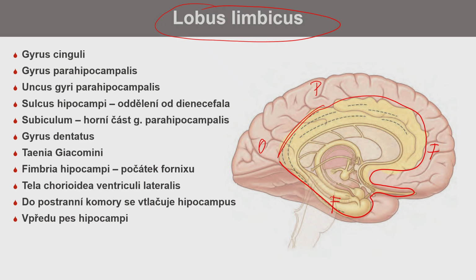We know that the most important structures of the limbic system in the diencephalon are the mammillary body and the anterior nucleus of the thalamus.